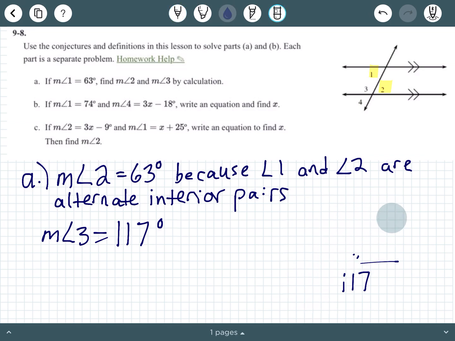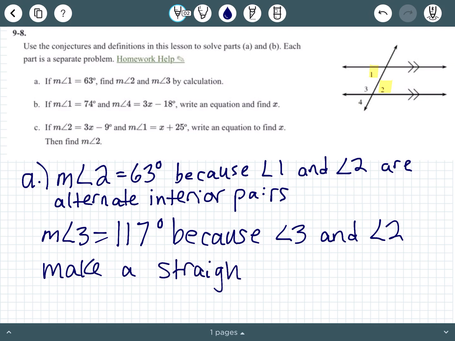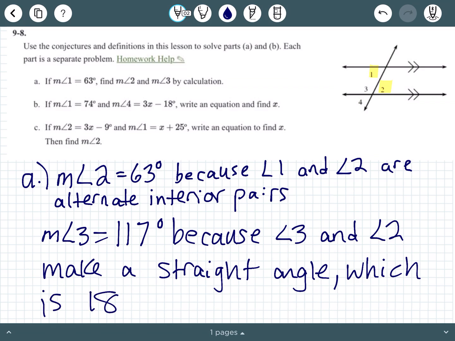And we also have to give our brief explanation here. And we will say because angle 3 and angle 2 make a straight angle, which is 180 degrees.